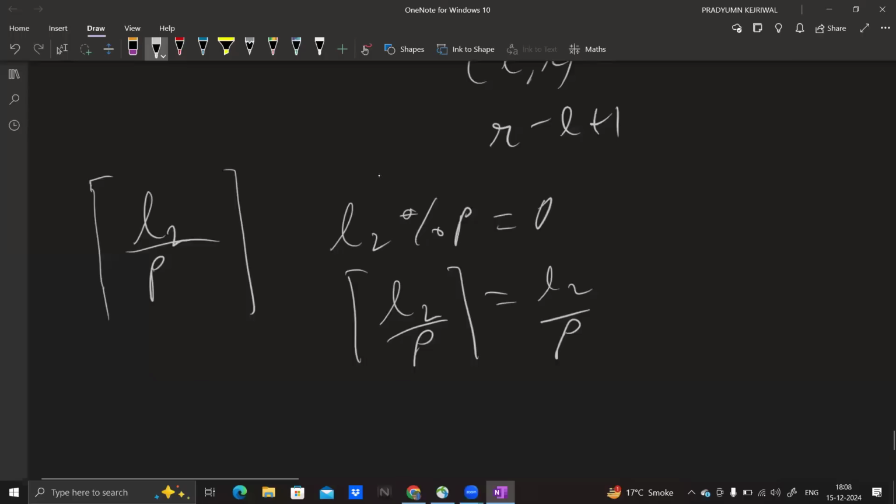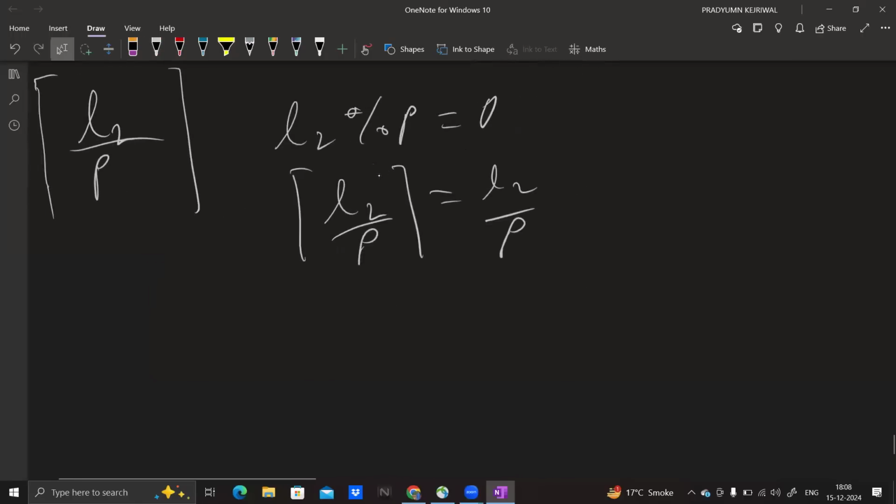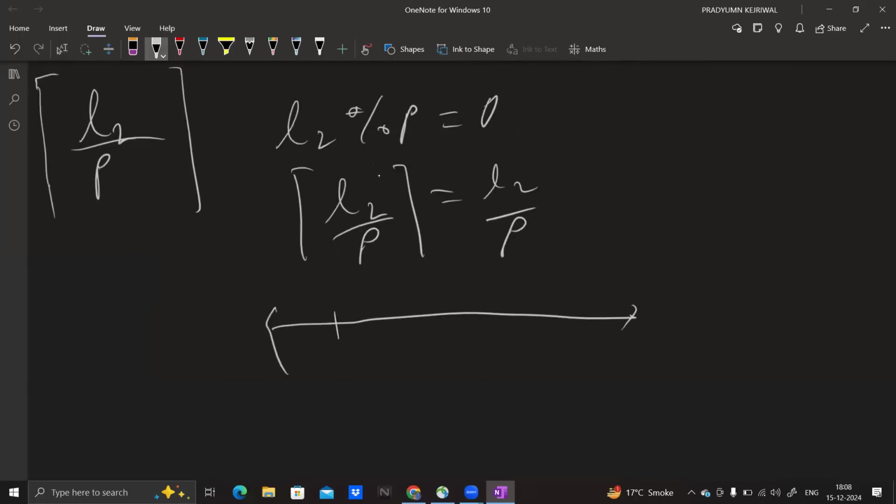Now let's say that it is not equal to 0. Let's say the number line here is this, the floor of L2 by P is here, and L2 by P itself is somewhere ahead, which means that L2 leaves a remainder when we divide it by P. Is that understood?